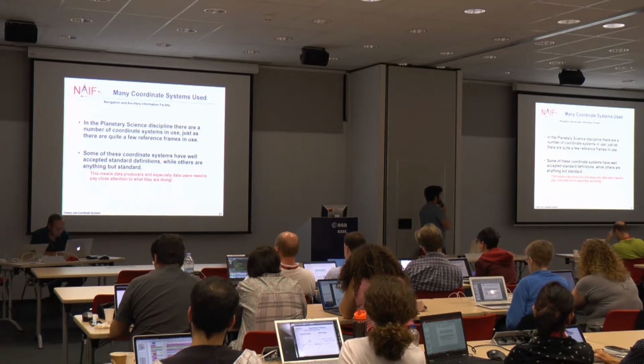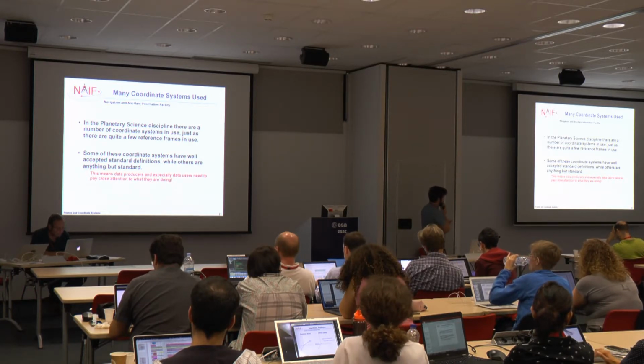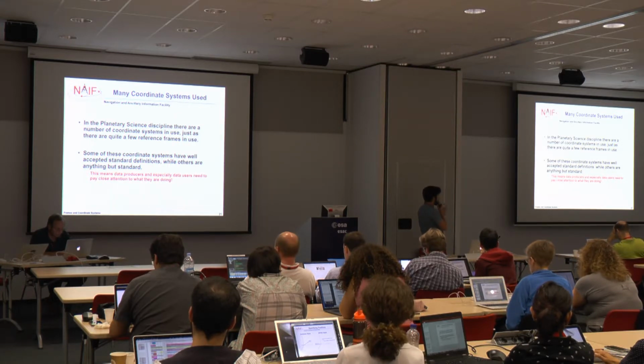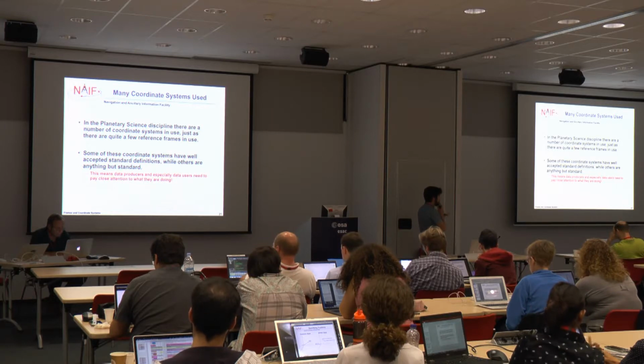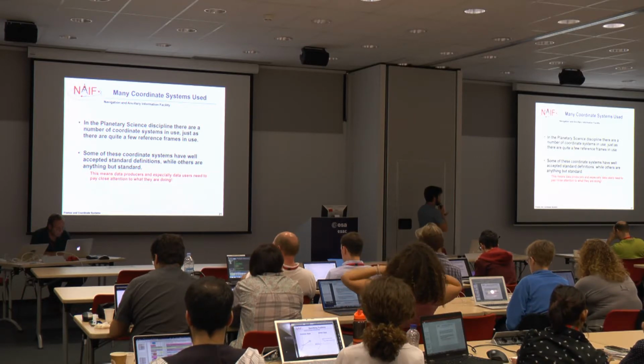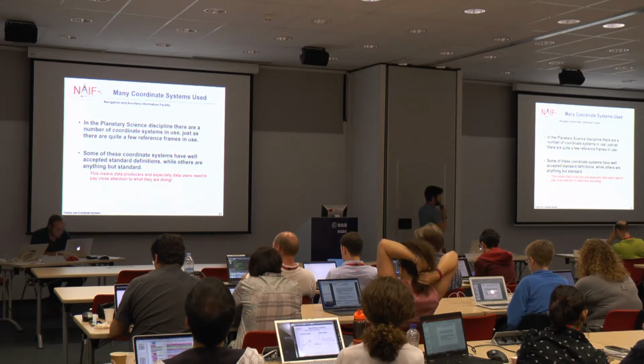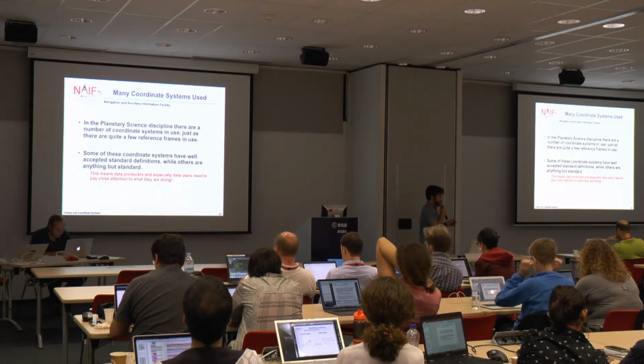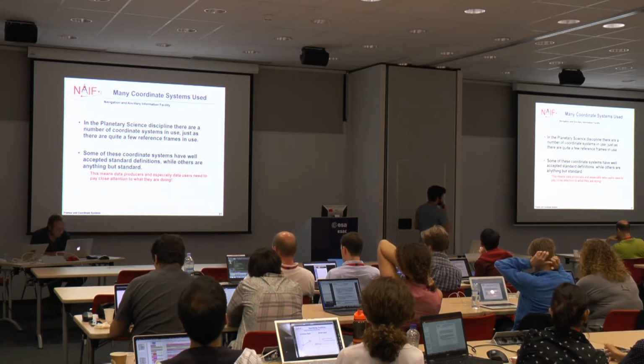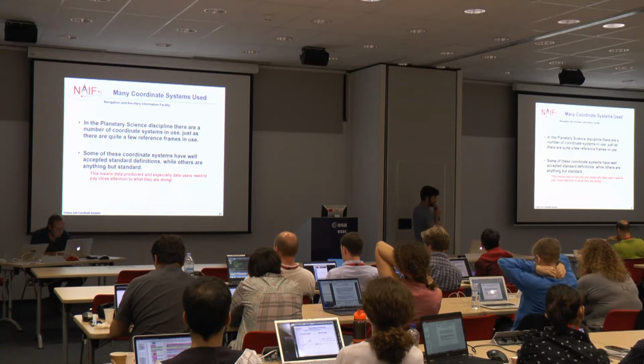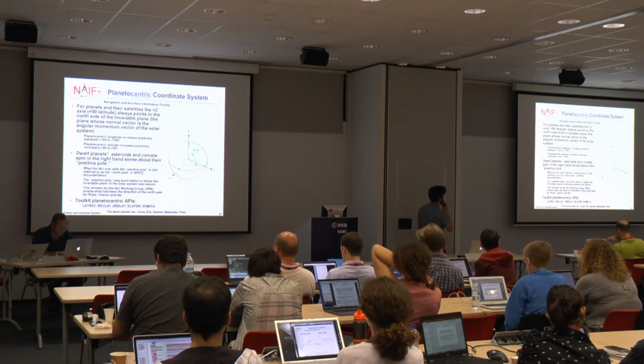And although some of them have well-accepted standard definitions, others don't. So you really have to pay attention to what coordinate system you're using, and you have to make sure that the definition you're using is the same that your colleague is using as well. Otherwise you can spend a good amount of time trying to debug what is wrong.